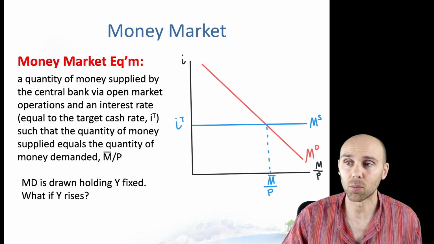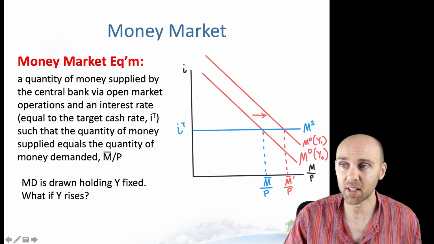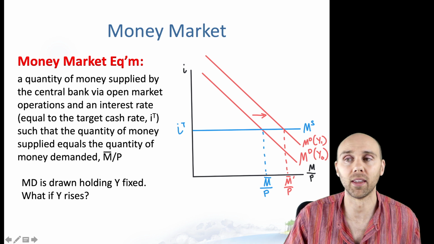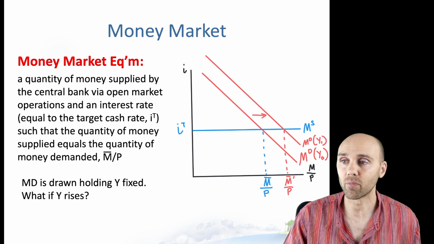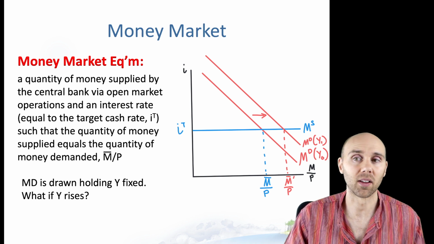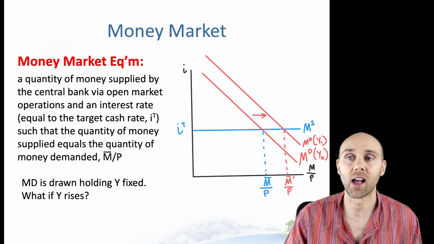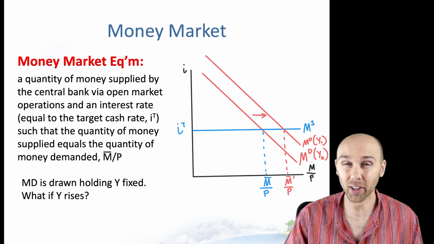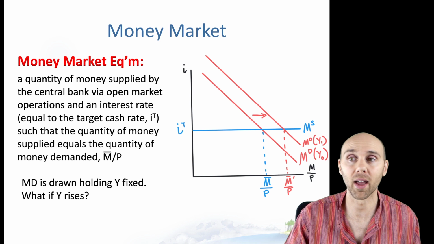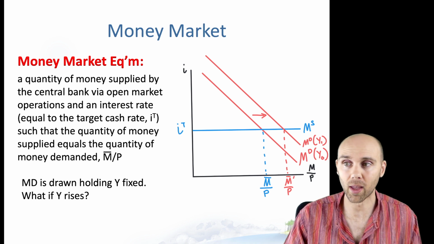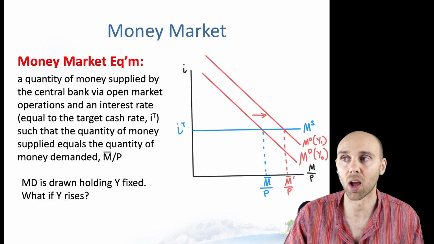So if your income rises, we will see the rightward shift of the money demand curve. And if the central bank wants to continue to hit that target cash rate, it's going to very, very quickly adjust the market supply in order to make sure that that money supply curve stays nice and horizontal.